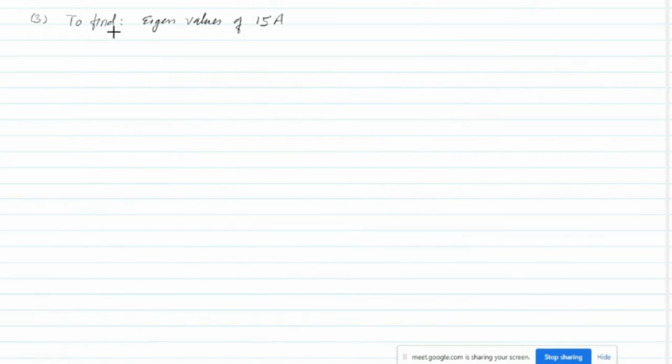Okay, so since lambda is an eigenvalue of A, then k lambda is an eigenvalue of kA.